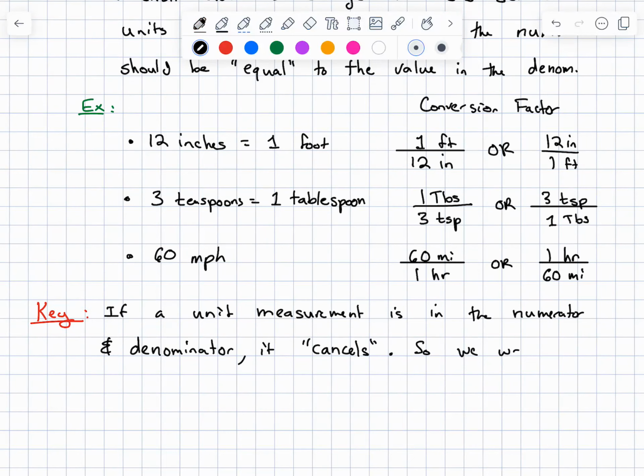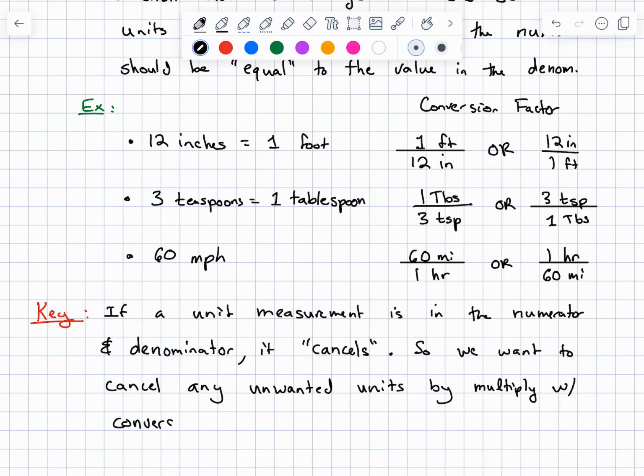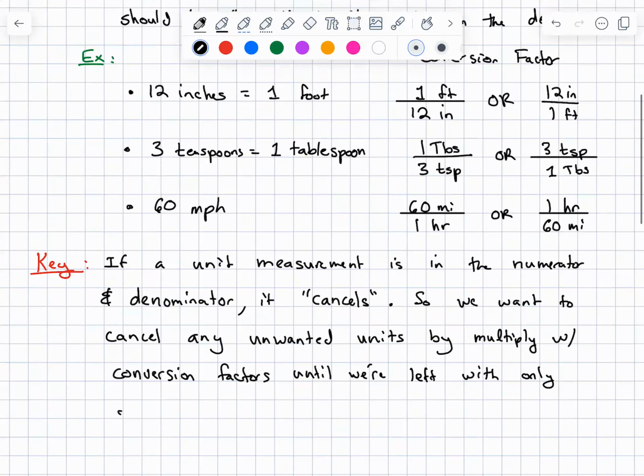So we want to cancel any unwanted units by multiplying with conversion factors until we're left with only our desired units. Only the units that we want. Whew, a lot of writing.